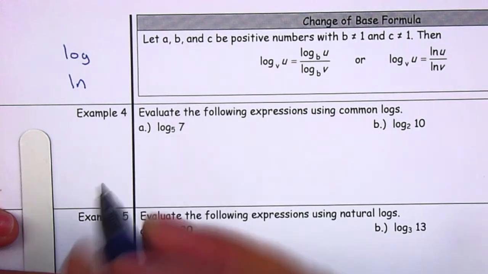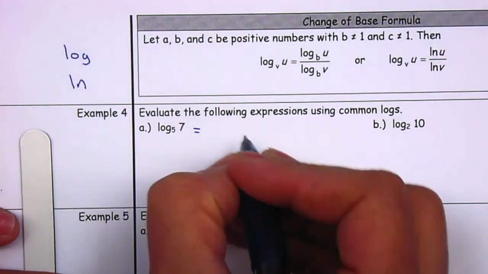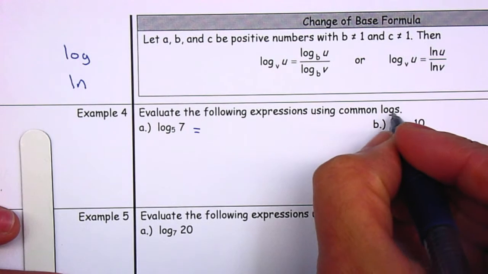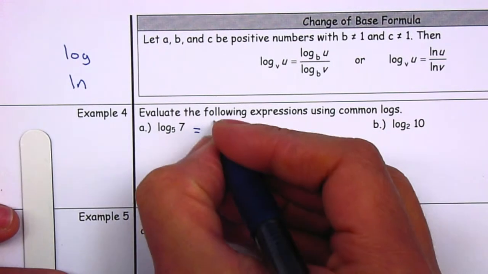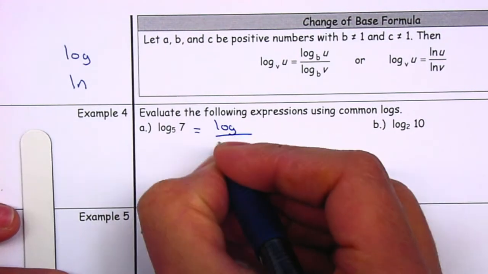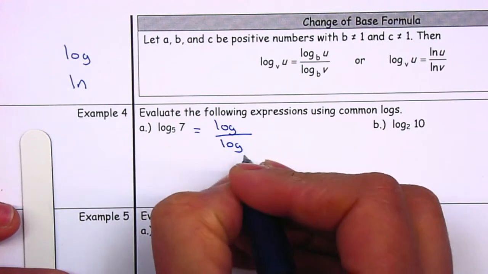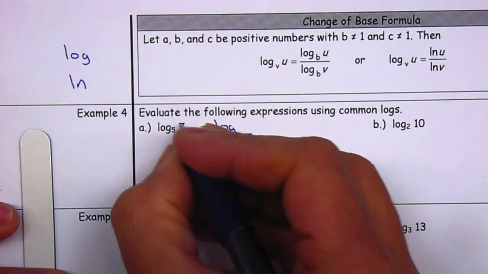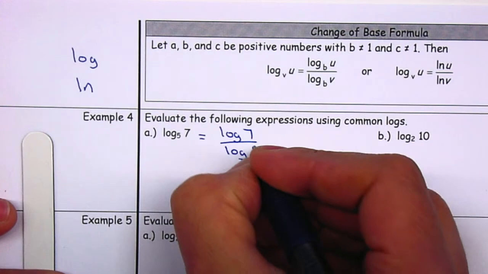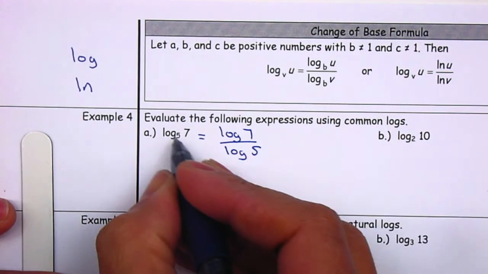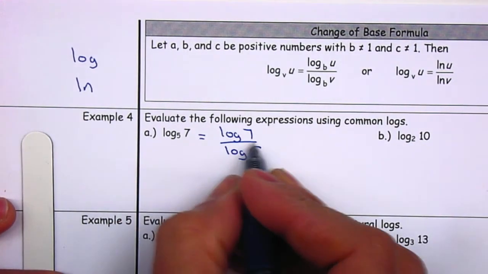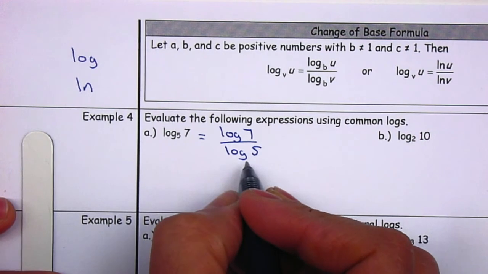But let's go through it. We're going to be changing to the log base 10, the common log. So this will be the log over the log. This will be 7 over 5. So log base 5 of 7 is the same thing as the log of 7 divided by the log of 5.